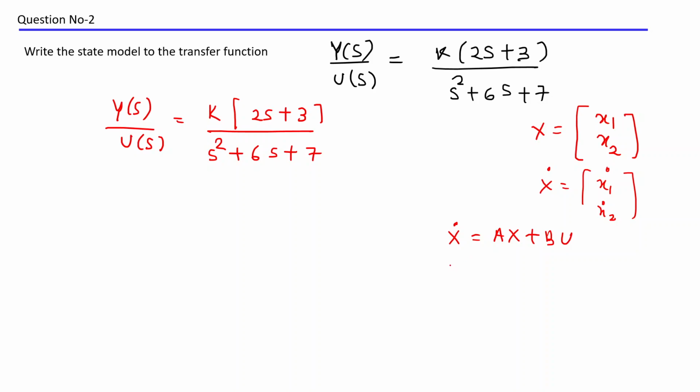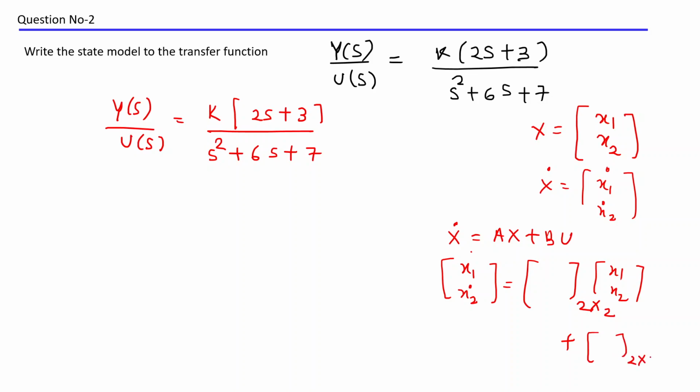If you represent this vector, there's going to be x1 star, x2 star in terms of A, which is a 2 cross 2 matrix now, because here x1, x2, plus Bu. B is a 2 cross 1 matrix, some coefficients, and this is U. So we have to fill these gaps now.